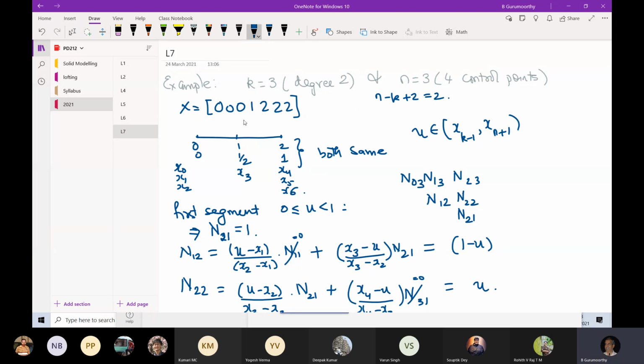Now what this means, we saw this in the last class, that the knot vector basically splits your parametric interval, which is 0 to 1, into a number of segments. And the segments are these, 0 to 1 and 1 to 2. Now, though I have said 0 to 1 and 1 to 2, I have written here below that you can normalize this by dividing it by 2, and it becomes 0 to half and half to 1, in which case it becomes consistent with our accepted protocol that u will be between 0 and 1.